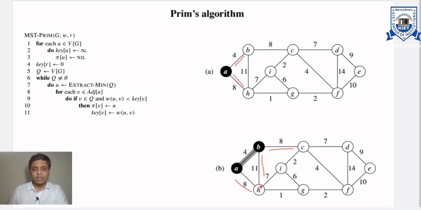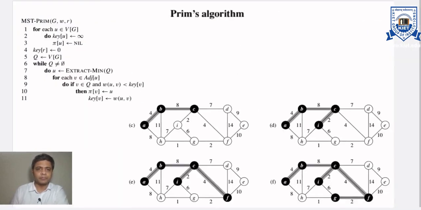So 8, 11 and this 8, we would pick the minimum one. There are two 8s, we could go with either. Here in this example this one is selected. For the next step, we would consider all the edges connected with B, adjacent to B.